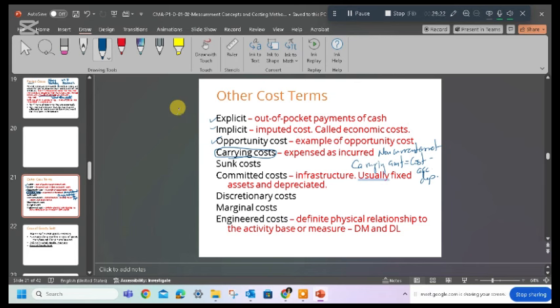Sunk cost means what is already incurred. For example, for material, whatever price we have already paid is sunk cost. Already incurred costs are known as sunk costs. These terms are not so used in financial accounting, but in management accounting and decision making, we will use these terms.